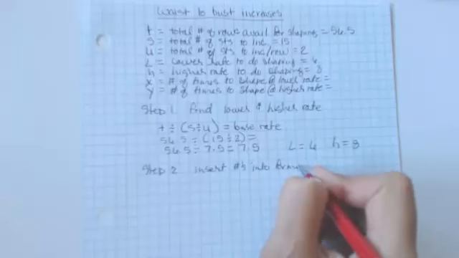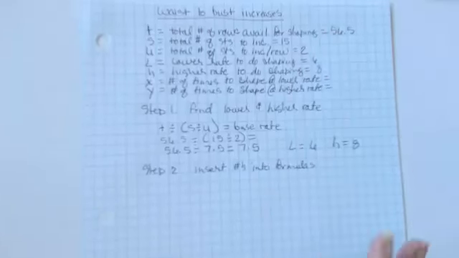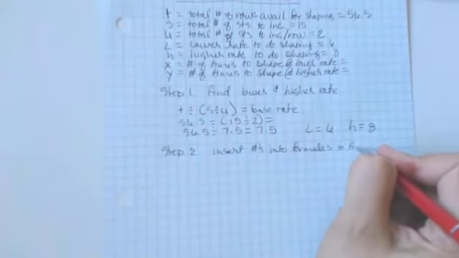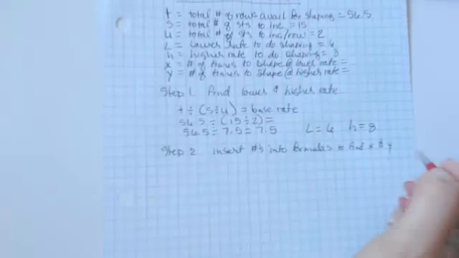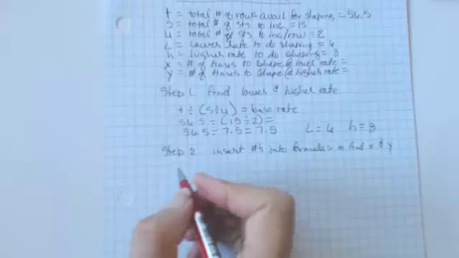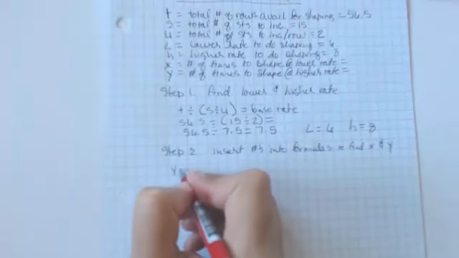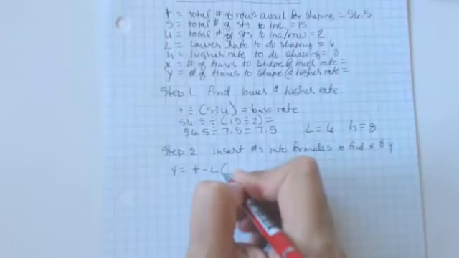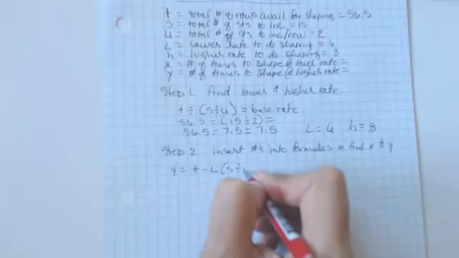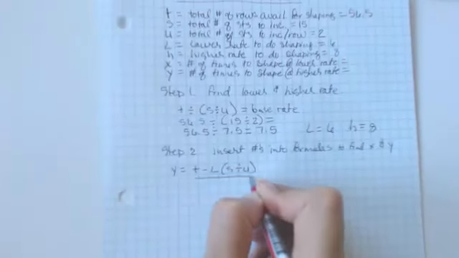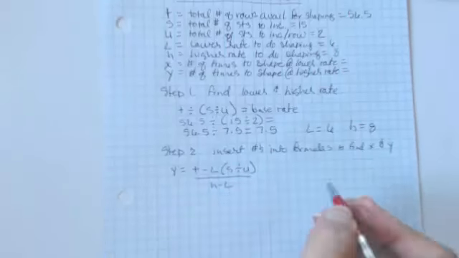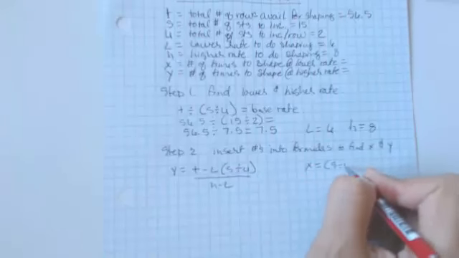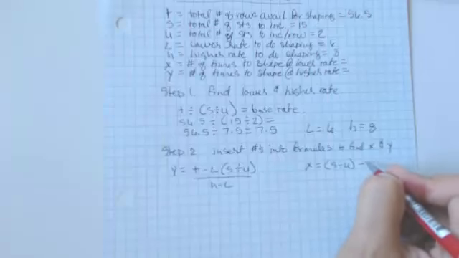Our formula to find X and Y. All right, so our first formula to find Y equals T minus L times S divided by U, all that divided by H minus L. And to find X equals S divided by U minus Y.